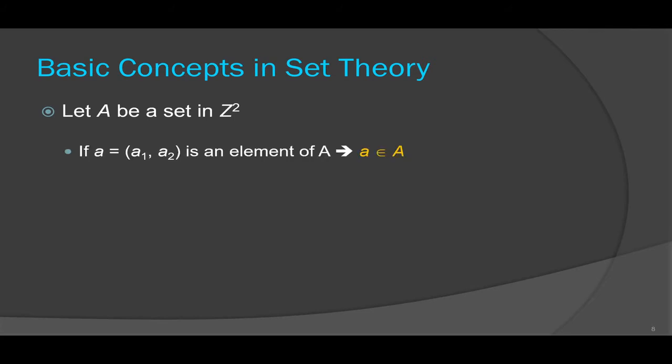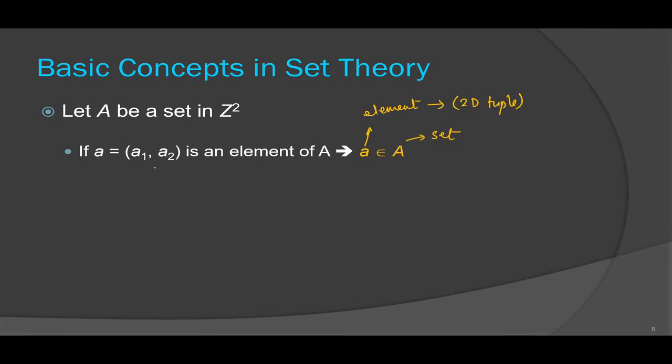If small a is a tuple with two elements a1, a2 and is an element of set A, then we say that small a belongs to capital A. This element is represented as a two-dimensional tuple a1, a2 or x comma y.